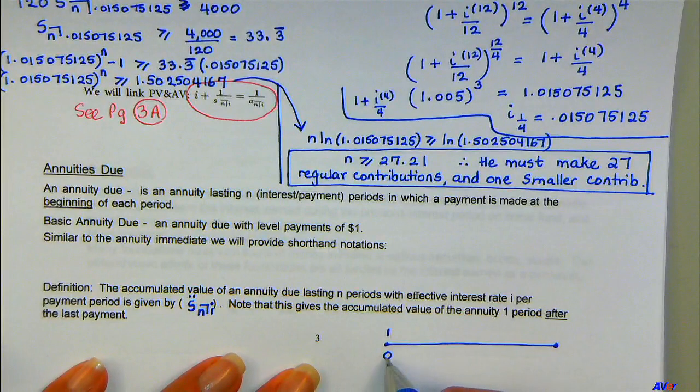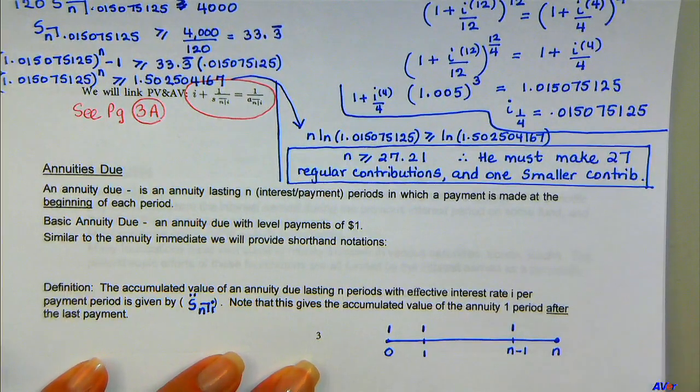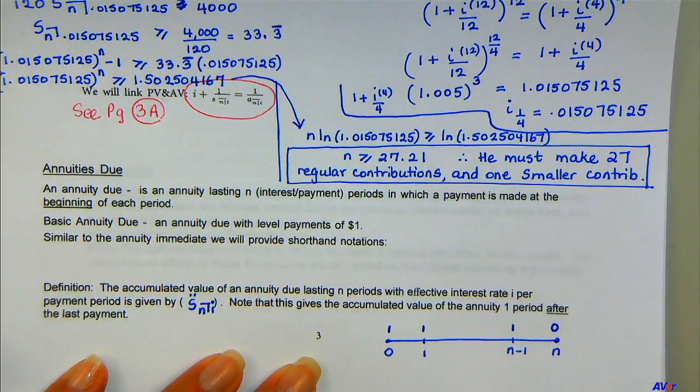So at 0, there's a payment of 1. At 1, there's a payment of 1. All the way to n minus 1, there's a payment of 1. But at n, there's no payment. So I'm going to say 0 here, just so you can compare to the other one.